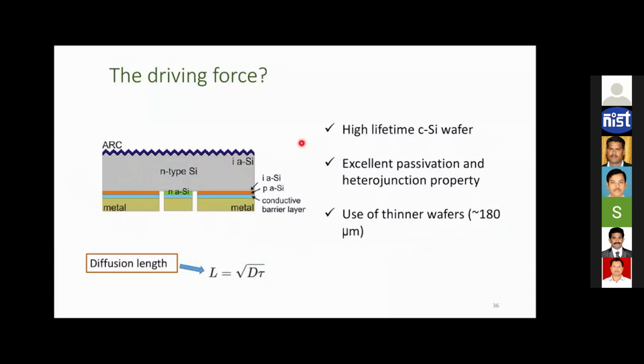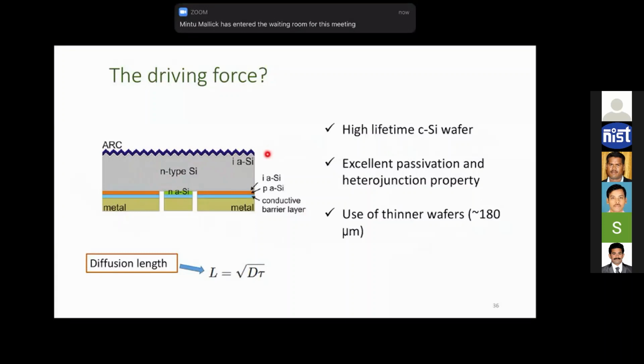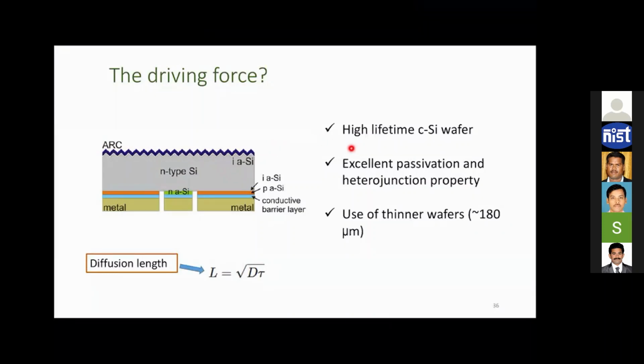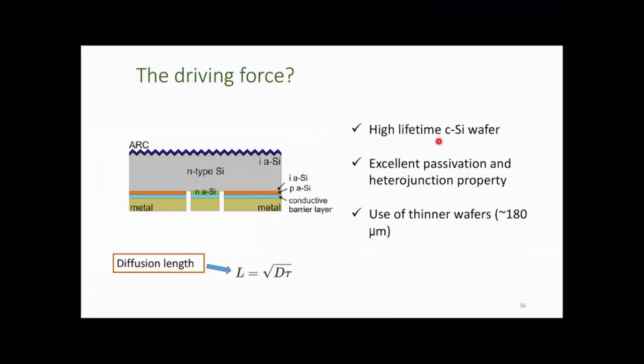In order to make an interdigitated back contact solar cell, where there is no front metal electrode, you have to use a very high quality silicon wafer that will give you a high lifetime of your minority carriers. That means if the lifetime of the photogenerated carriers is high, they will get more time to diffuse from this side towards the respective contact, right?